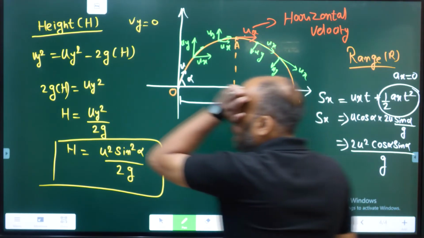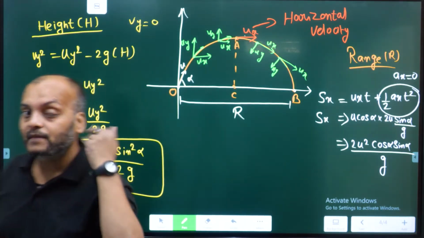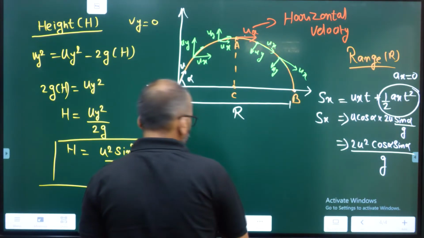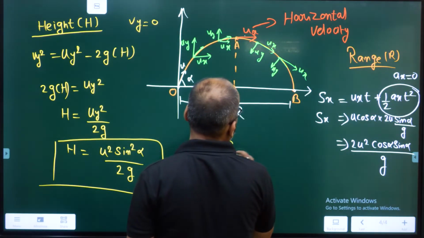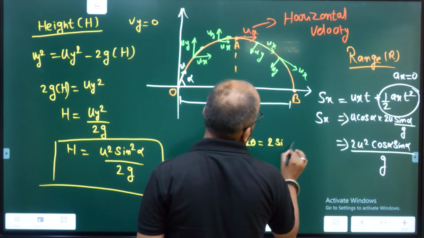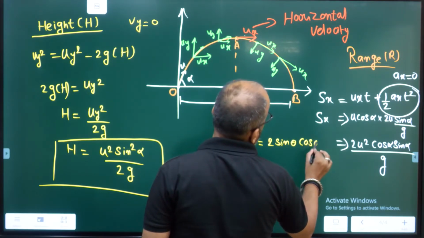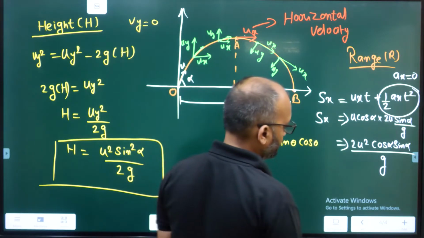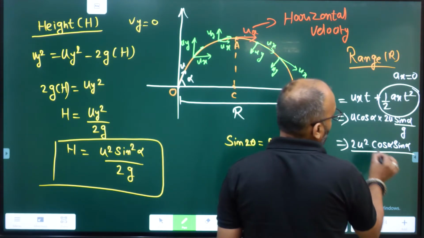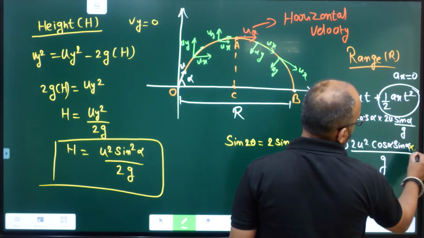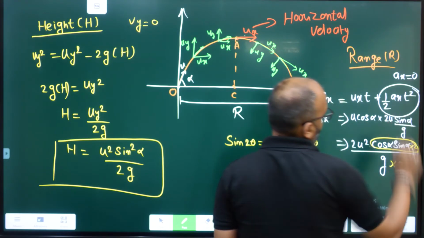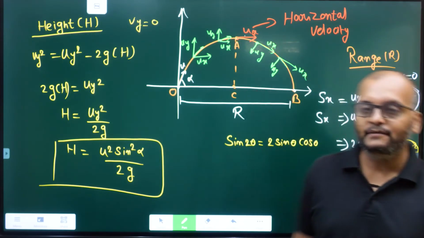Okay. Now this cos alpha and sin alpha thing looks a bit offbeat. So what to do? We know that sin 2 alpha, or sin 2 theta, is equal to 2 sin theta cos theta, right? So if I multiply and divide by 2, this will become 2 cos alpha sin alpha. Tell me yes or no. Everyone, please tell.